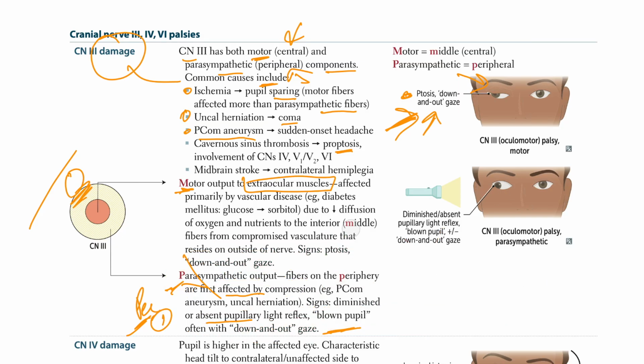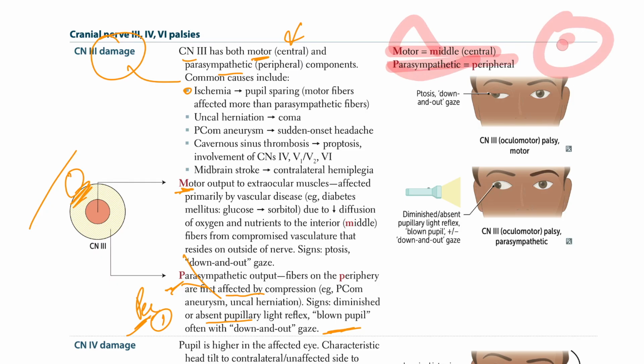Taking a look at this picture on the right side, what do we have here? So middle equals middle, central, motor; parasympathetic, periphery. So M for middle, P for periphery, simple. That's all cranial nerve, right? Now taking a look at ptosis, down and out gaze, which is the motor part.